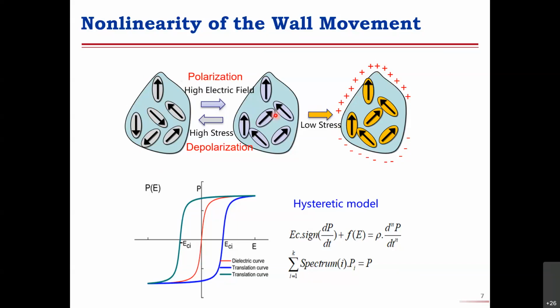But if we apply a very high stress on this piezoelectric ceramic, it will depolarize this piezoceramic. And for this polarized state and the direct piezoelectricity, we have modeled the whole hysteresis loop with the hysteresis model.